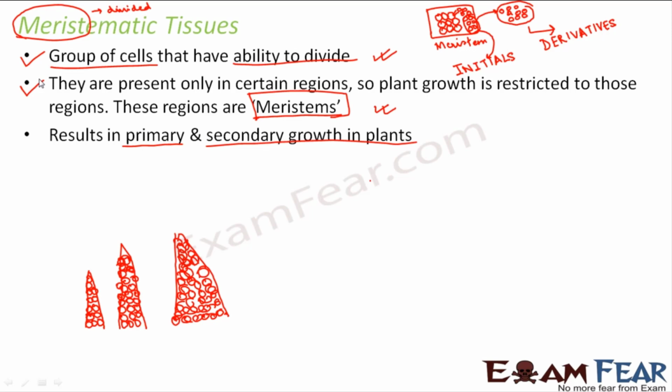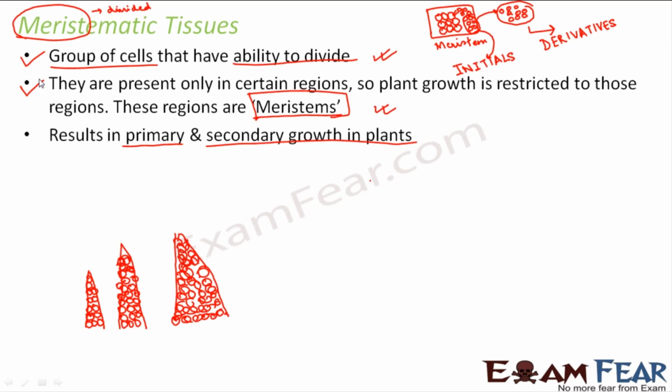They are known as initials, whereas some other new cells are thrown away from the region of division, or thrown away from the meristem. They are known as derivatives. Right? Now these initials will again divide further and give rise to new cells and this process will continue. Correct? I hope there is no doubt here. You should be able to understand what these tissues are.